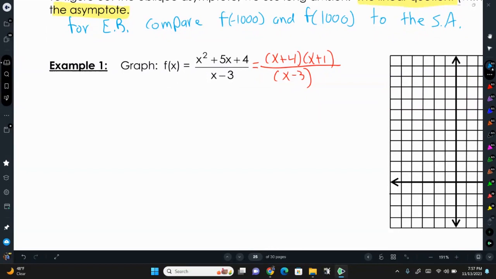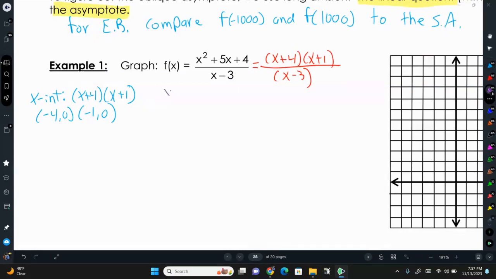Then our x-intercepts are going to be when the numerator is equal to 0. So that is going to be at negative 4, 0 and negative 1, 0.